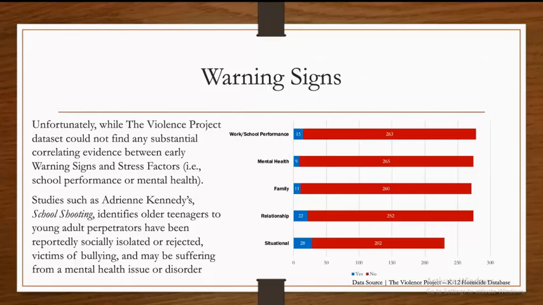However, studies from Andrea Kennedy's school shootings identify older teenagers to young adult perpetrators who reported being socially isolated or rejected, victims of bullying, and some of which may have been suffering from mental issues and disorder.